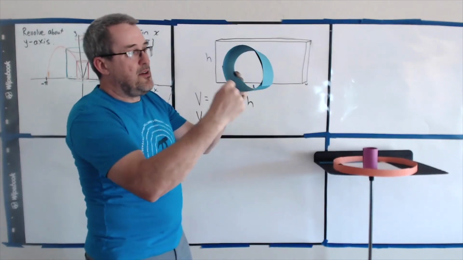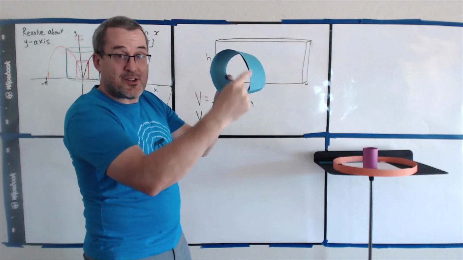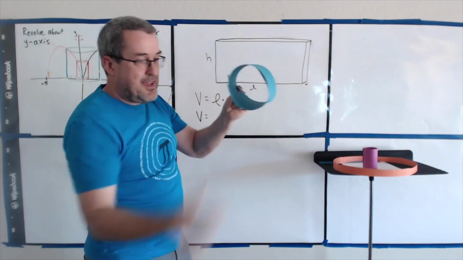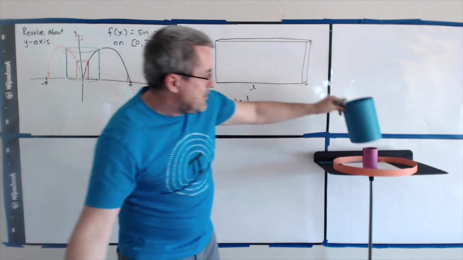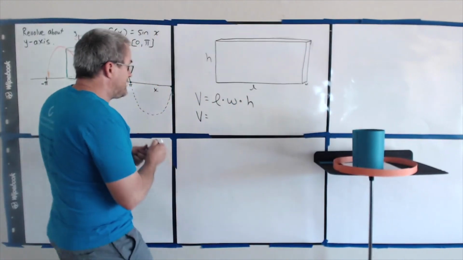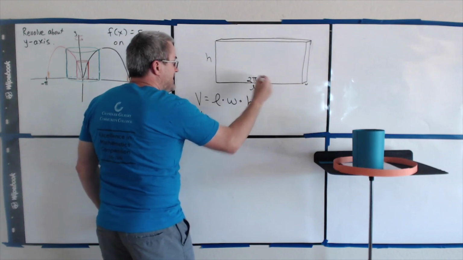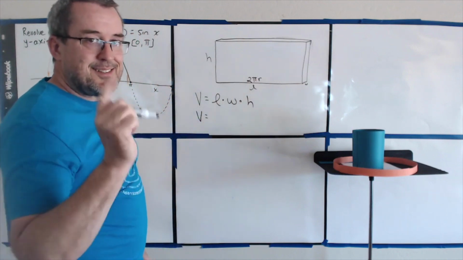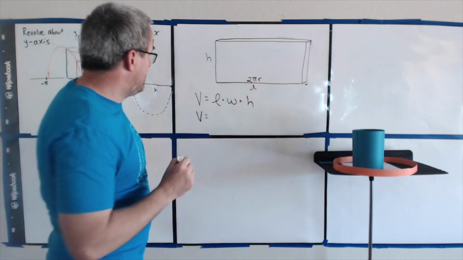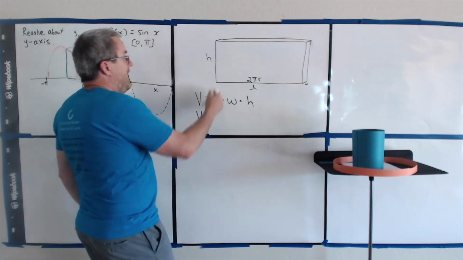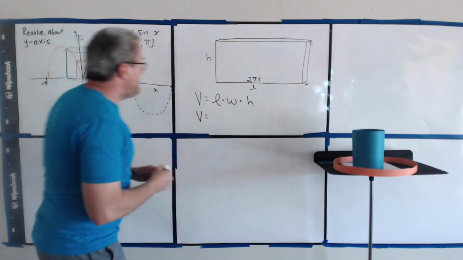The length was actually the circumference of that circle. So the length of the cylindrical shell corresponds to the circumference of the circular base. So this length is going to be found by taking 2 pi times the radius, the formula for the circumference of a circle.